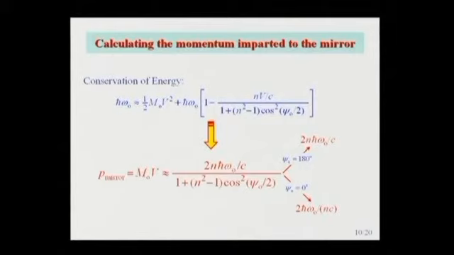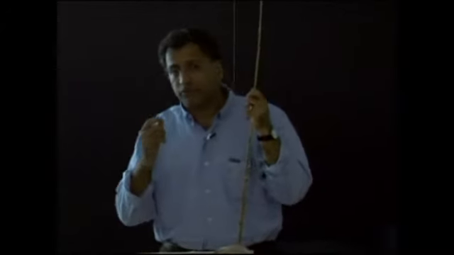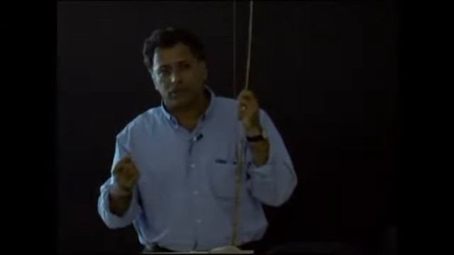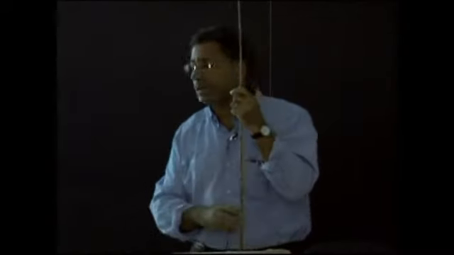Now, as I said, this question of photon momentum inside the dielectric has been controversial. For about 100 years, people have argued as to what is the momentum of the photon when the photon goes inside the dielectric. In vacuum, there is no controversy. Everybody knows it's h bar omega over c. But once the light gets into the material media, inside the dielectric material, for example, then there are two schools of thought.